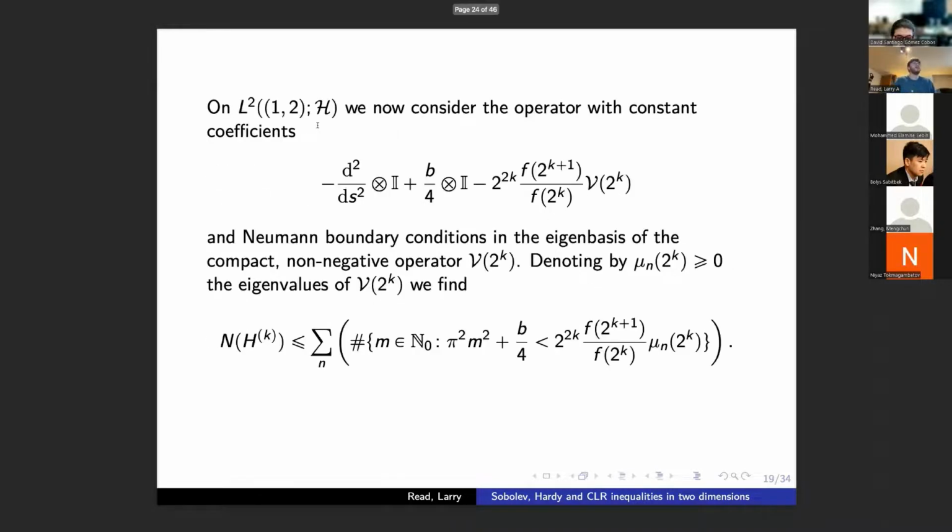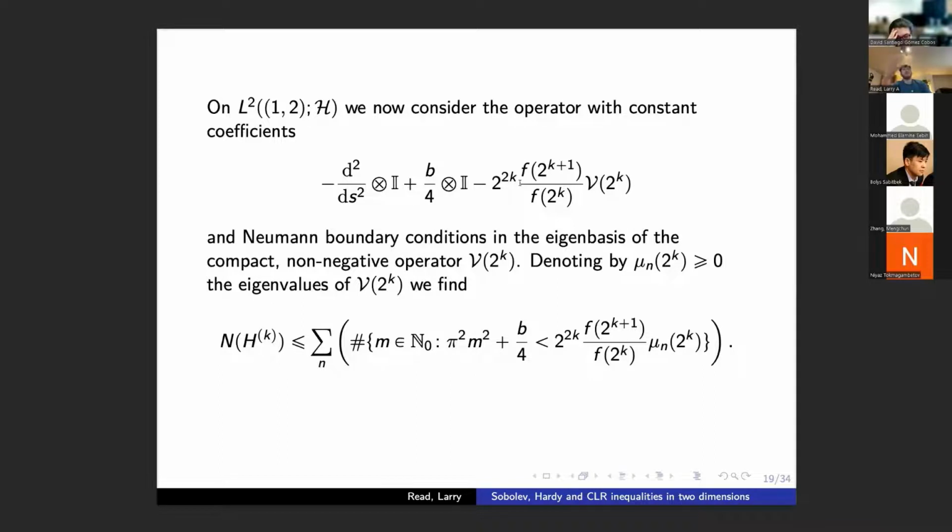Pardon me. So now we have these operators, constant coefficients with Neumann boundary conditions, and of course now we can consider the eigenvalues of this operator V at 2^k, which is constant on this interval, obviously by our assumption, by what we've imposed here.